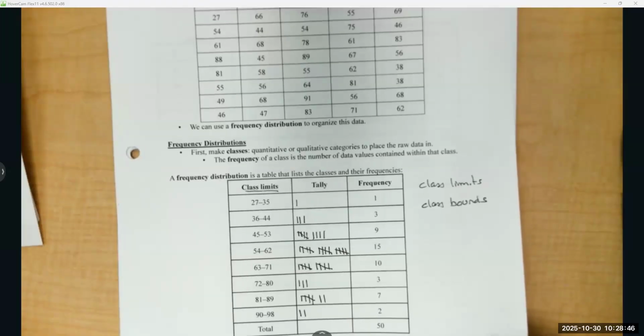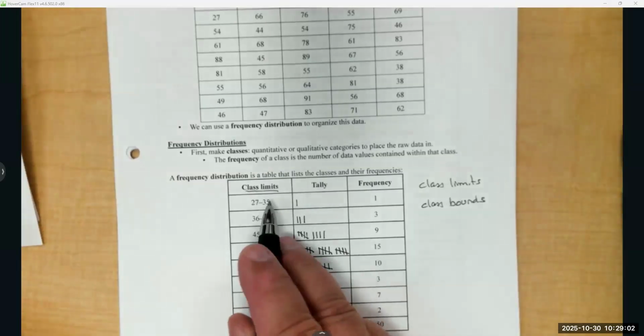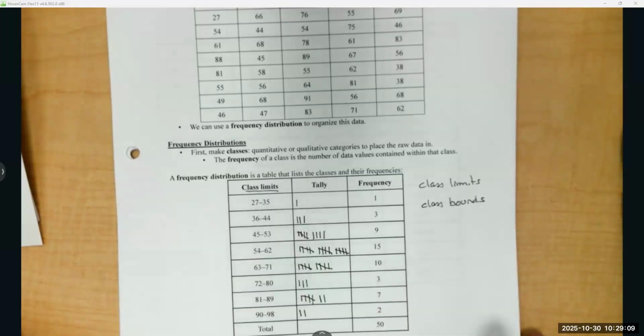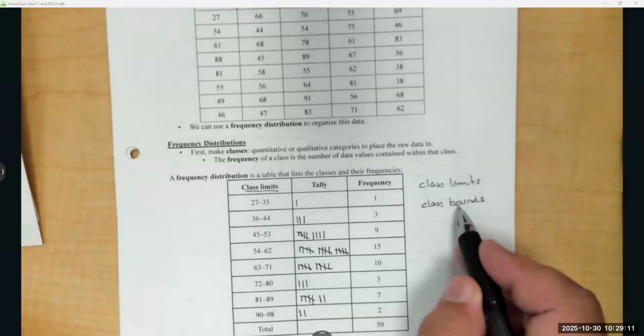The bounds are like 27 to 35, so it'd be around 5 and 10. It's the same thing, though. You're finding the same thing. No. So how would you find a class limit? We did yesterday, actually, or Tuesday. Well, the difference between class limits and class bounds.